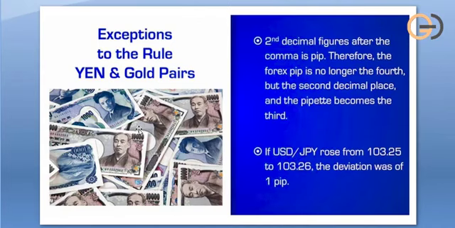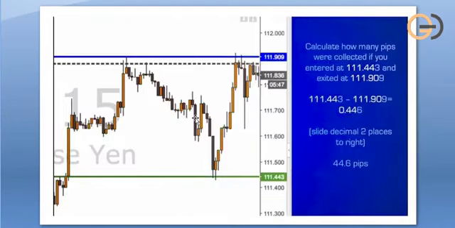So the Japanese yen's price rate is in 2 decimal places, unlike the other prices. A typical chart of the Japanese yen, for example the USD JPY, has 3 decimal places of price action.